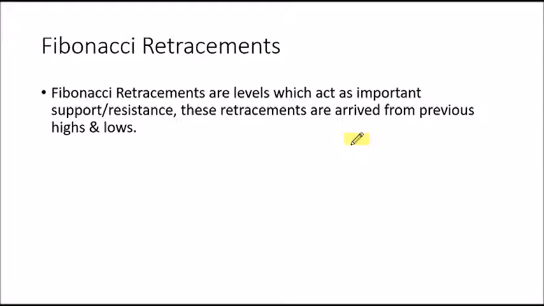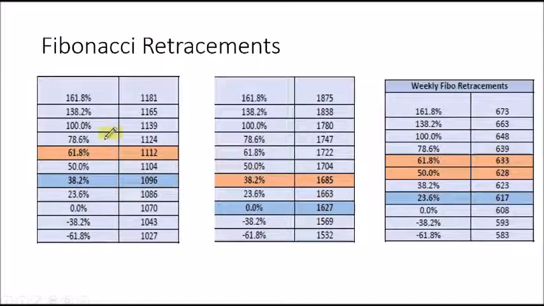These are the extensions: for example, if the previous high and low are 500 and 580, and in the coming week the stock breaks the previous high, how much can it go up or retrace? Those levels will be given. 100% means the previous week's high, or the high of whatever time period the retracement is based on, and 0% is the low of that time period.